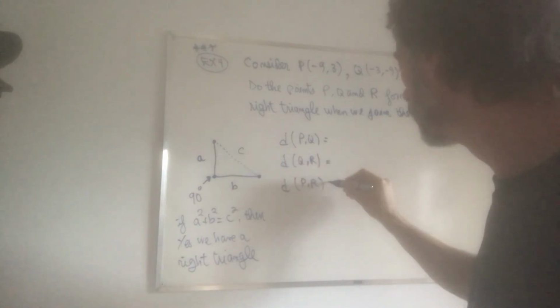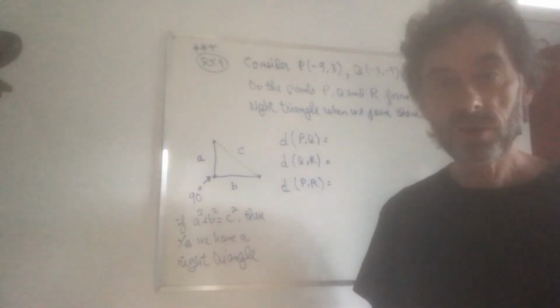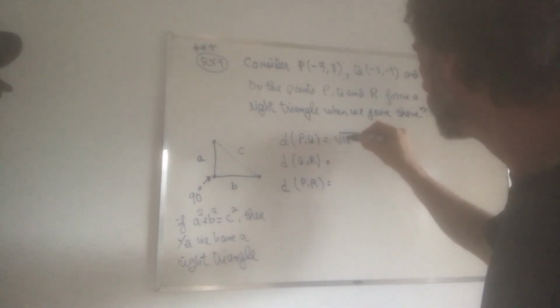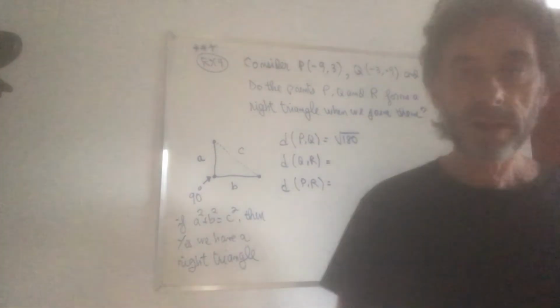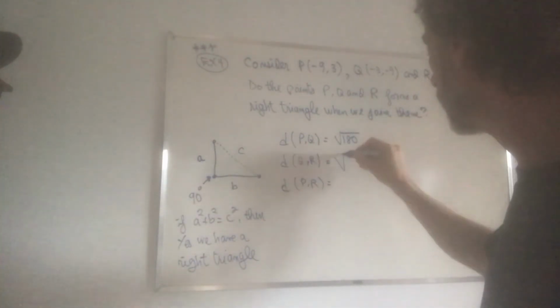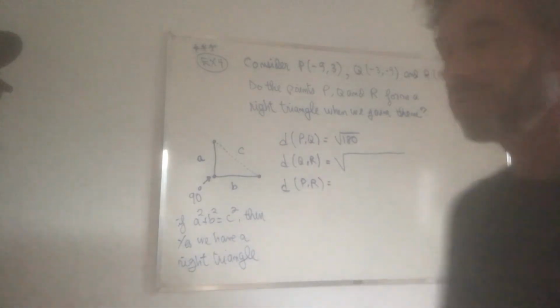All right. So we've already done PQ on the previous whiteboard, so we're not going to redo it. We're just going to use the fact that it is the root of 180. Distance between Q and R, this one we're going to have to figure out.